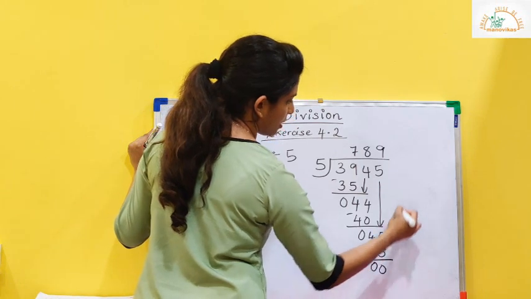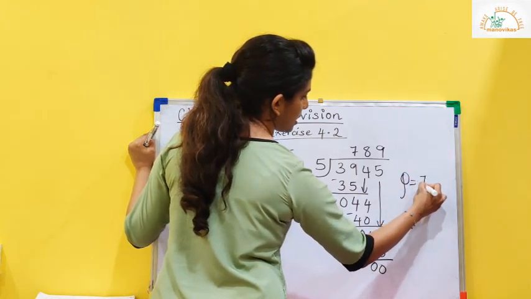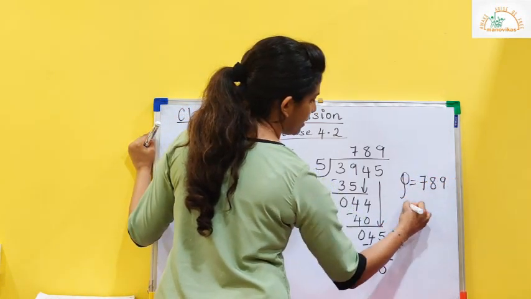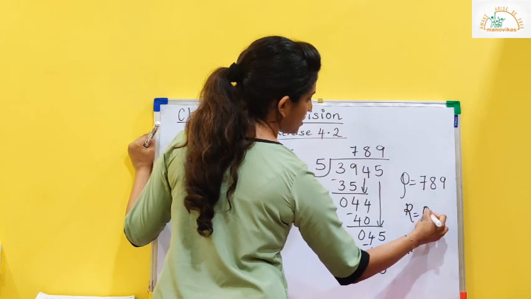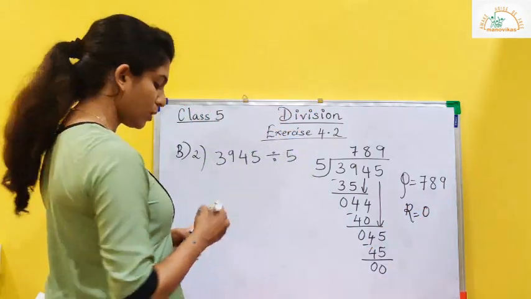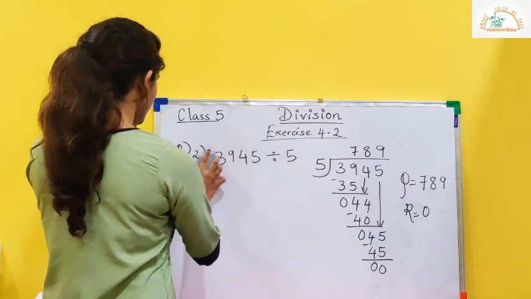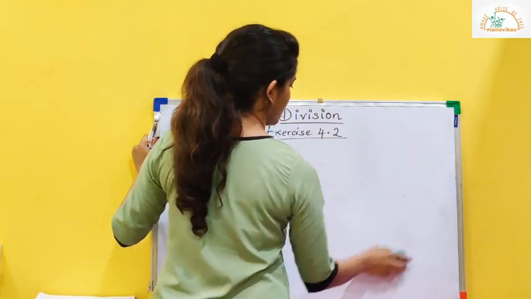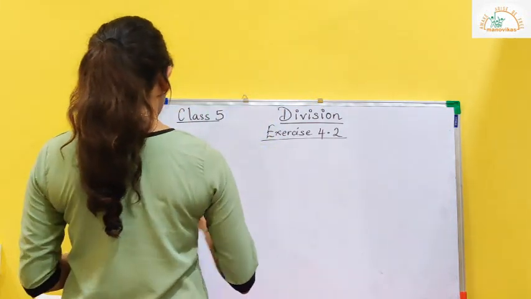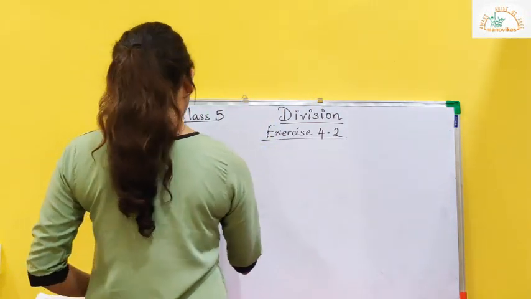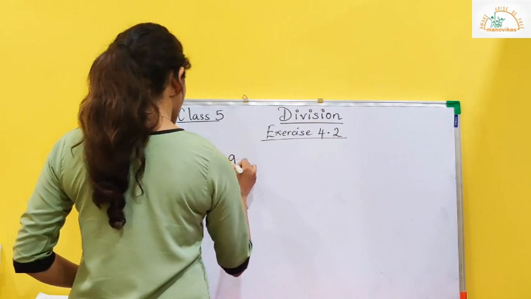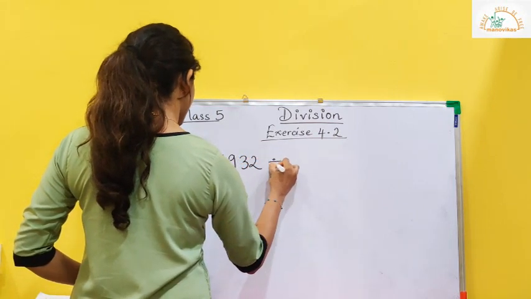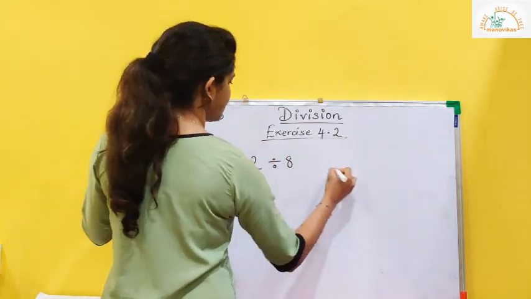So here quotient is 789. Remainder is 0. Okay, let's solve the third one. 6932 divided by 8.